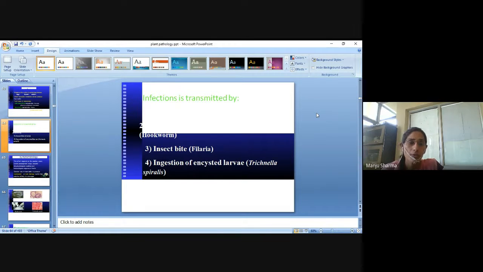Infection is transmitted by insect bite, as with filaria, or by ingestion of encysted larva, as with Trichinella spiralis.